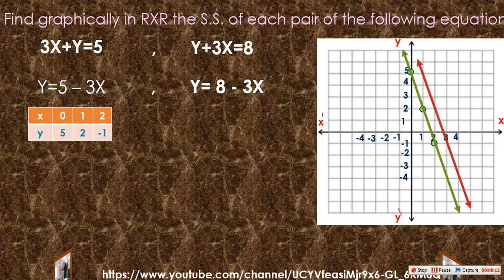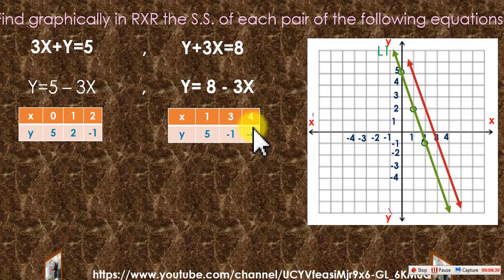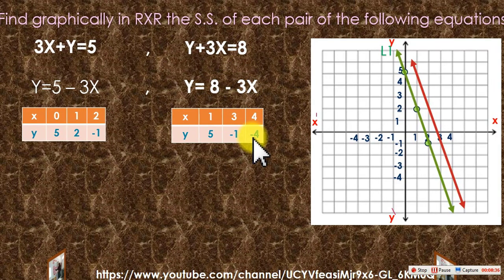What about the second equation? As x equals 1, y equals 8 minus 3 equals 5. As x equals 3, y equals 8 minus 9, because 3 times 3 is 9, 8 minus 9 equals negative 1. As x equals 4, y equals 8 minus 12 equals negative 4.